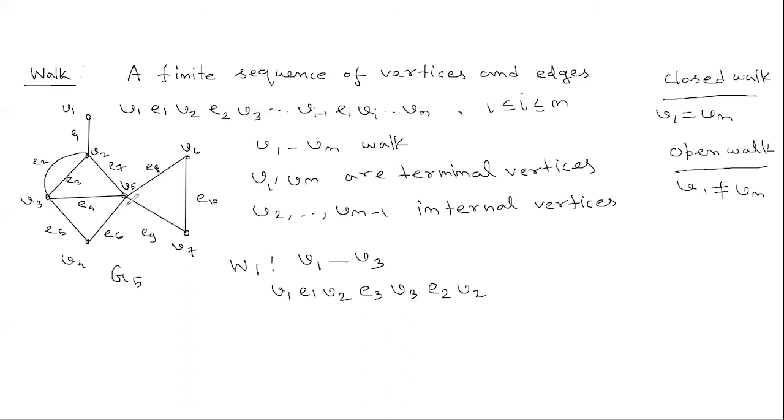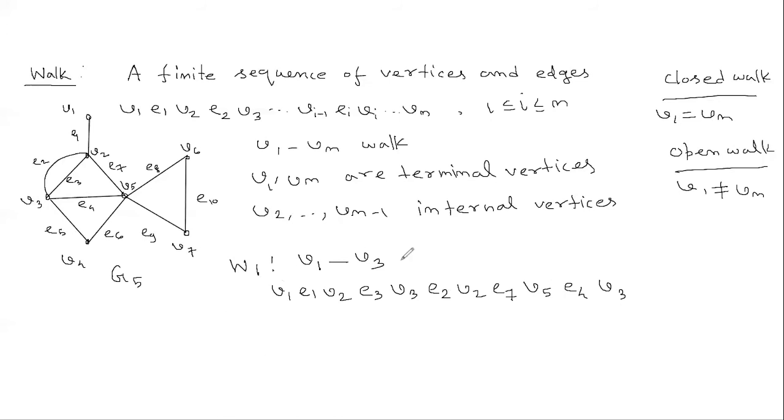From here we can go in this direction, E7, we can traverse along E7, V5, then E4, and we can get back to V3. So this is a possible walk from V1 to V3.